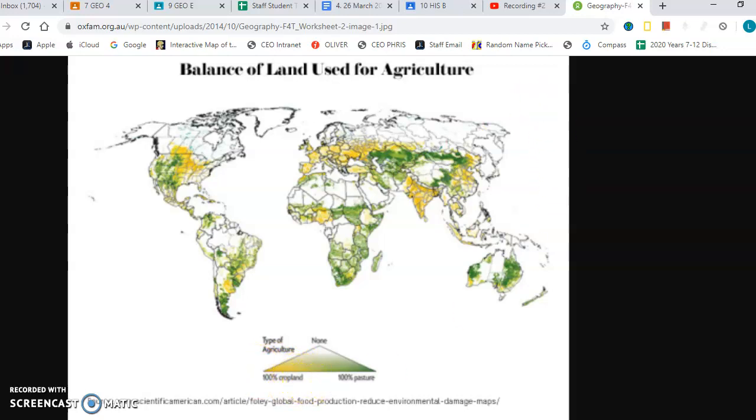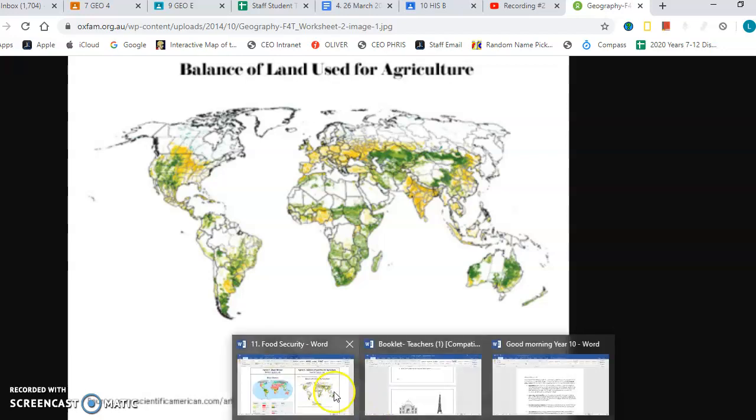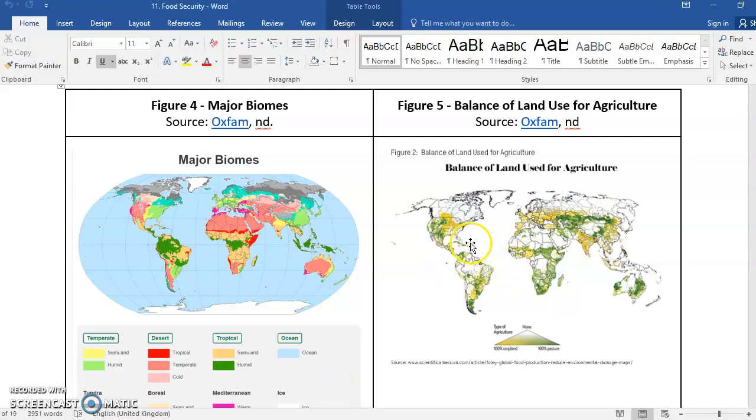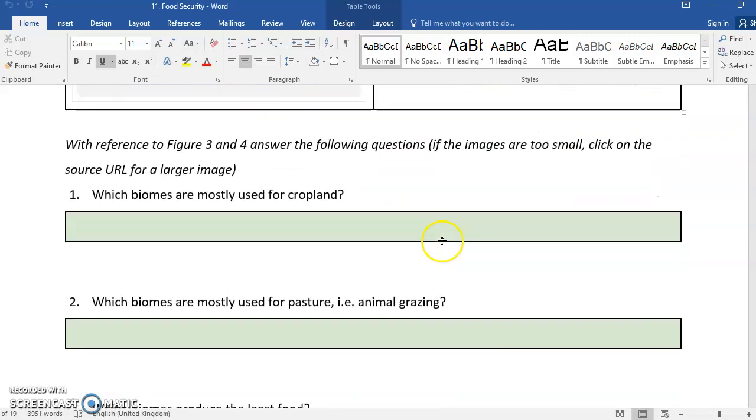Then you might have a look at where it matches. For example, the yellow over here sort of matches with this pink area over here, and that pink area is temperate deserts. So you're reading off both images.